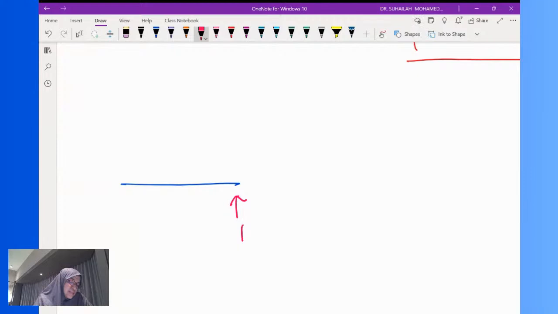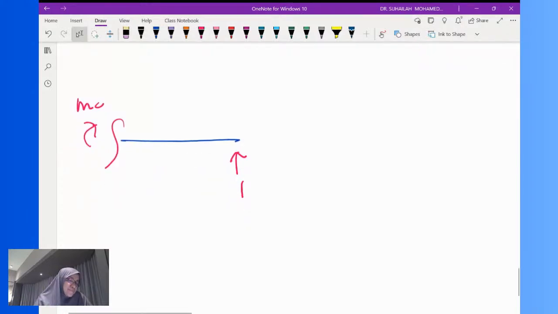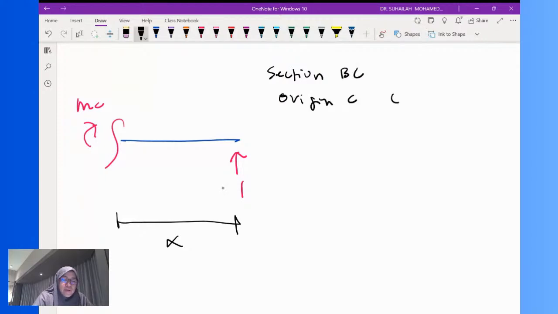The cutting section, the moment direction, which is clockwise direction, this is MC. Okay, the X, this is section BC, origin C. So X is 0 to 4.